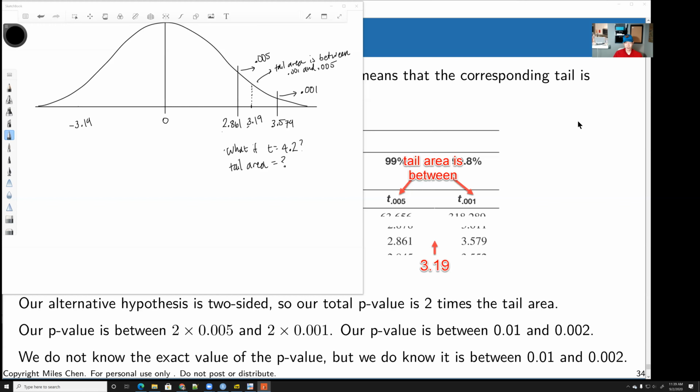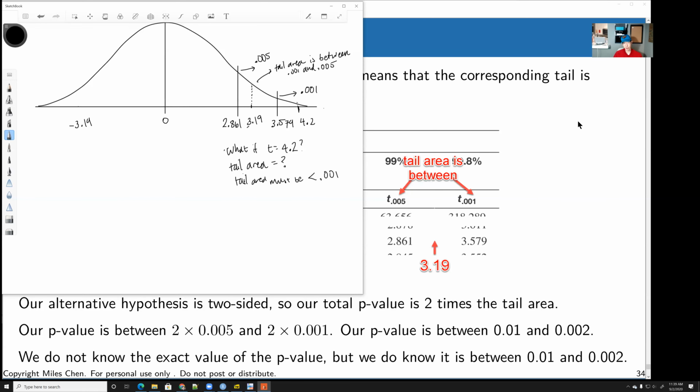If t were 4.2, I don't know the exact tail area, but I do know the tail area must be less than 0.001.